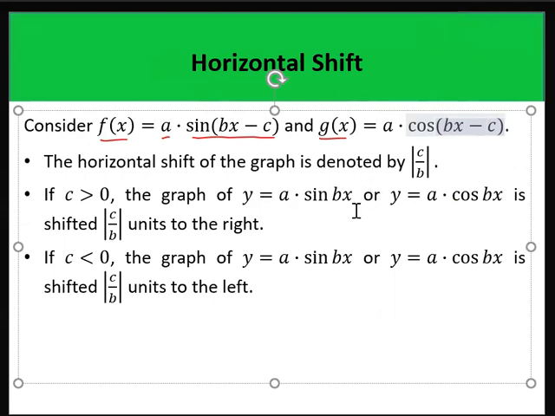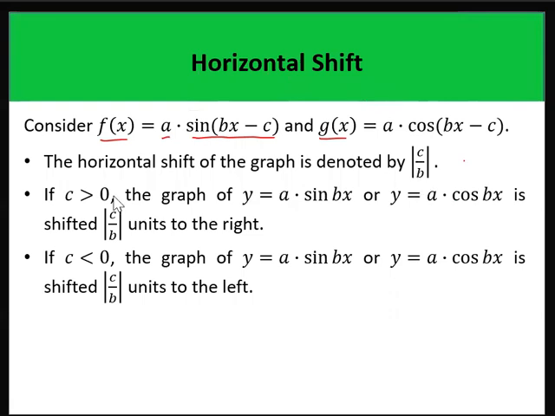So now we can define the horizontal shift of the function. The horizontal shift of the graph of this function is denoted by the absolute value of the value of c over the value of b. Now, if c is greater than 0, the graph of y equals a times sine dx or y equals a times cosine dx is shifted by the absolute value of c over b units to the right.